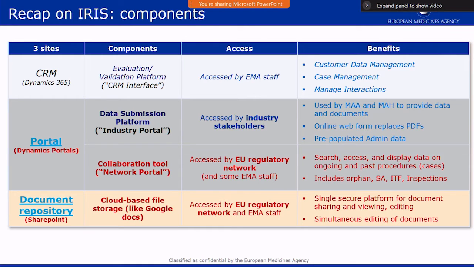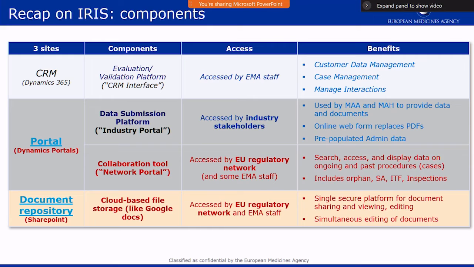In addition to the repository, we have what we call CRM, which is the Customer Relationship Management System, which is the interface that EMA staff uses. So when we receive an application and we need to validate, process that application, we will do so through CRM. In addition, we have 2 portals.